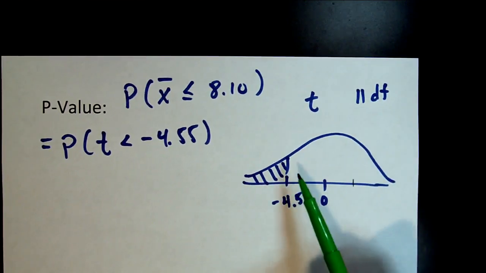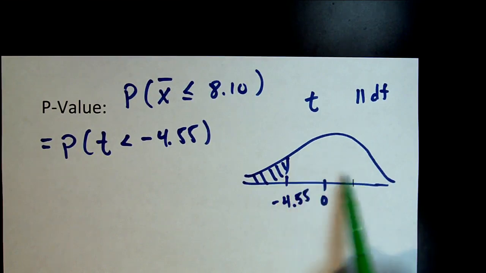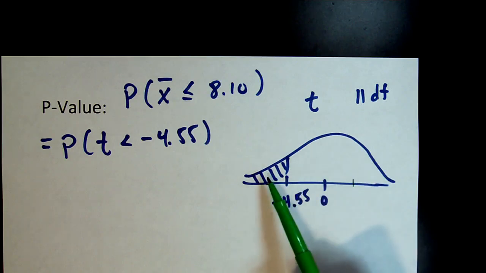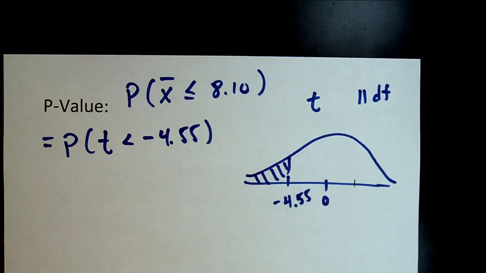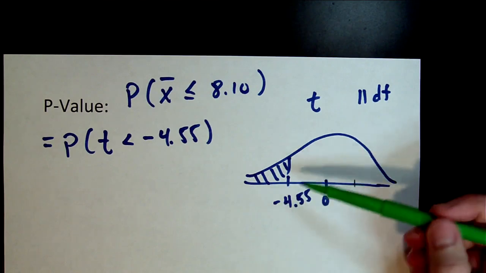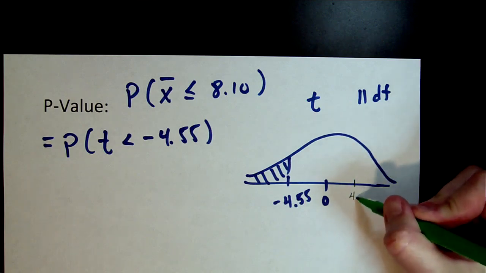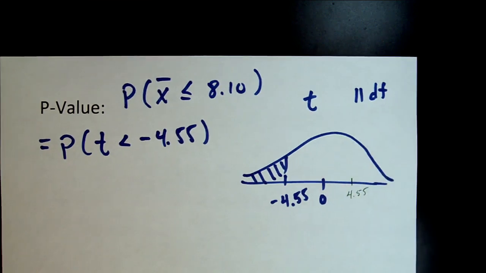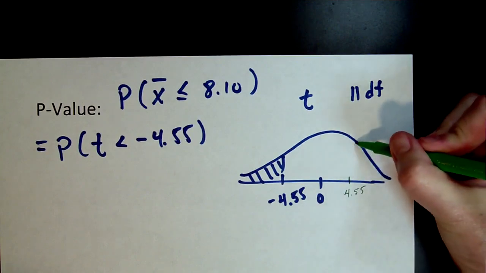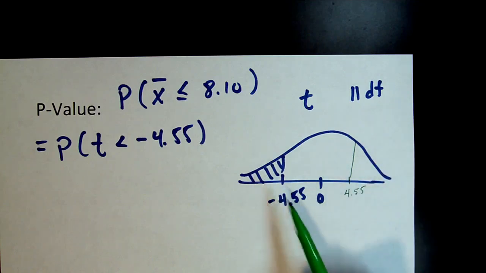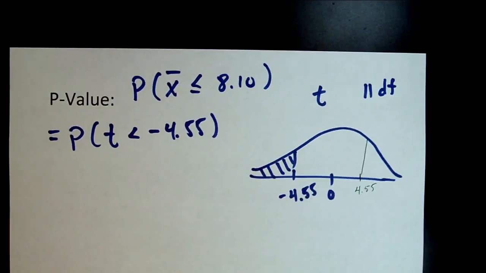I suppose you could try to get area to the right of negative 4.55 and then do 1 minus that area to get the area you want. However, the table doesn't offer us the chance of looking up negative t values. So what you end up having to do is remember that this t distribution is symmetric, and the area to the right of positive 4.55 will be the same as the area to the left of negative 4.55.